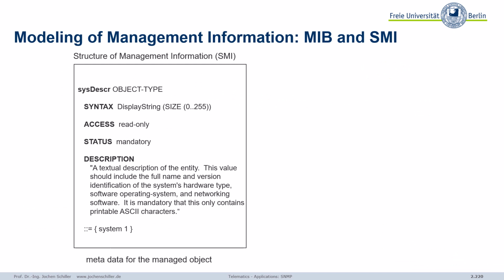So how could this look like? For example, you describe a certain object. For example, it's a string and it's read only and it's mandatory. So this could be our abstract description. So we know how it looks like. It's a string of a certain size, read only, etc. And then there's a description, and it says, okay, this is whatever description of something, maybe the hardware type and who's responsible or whatever.